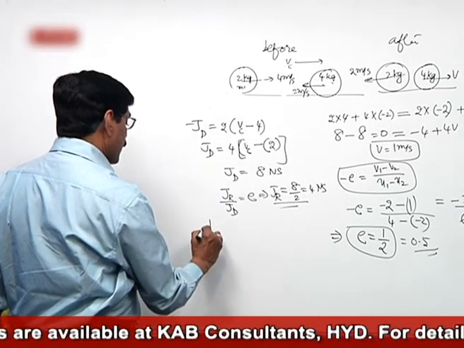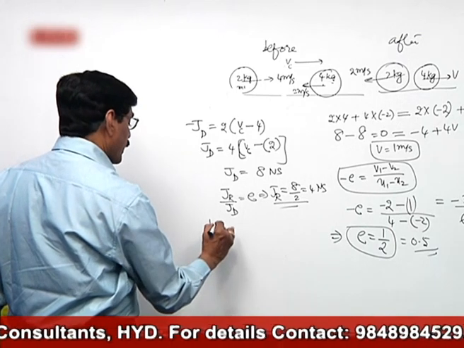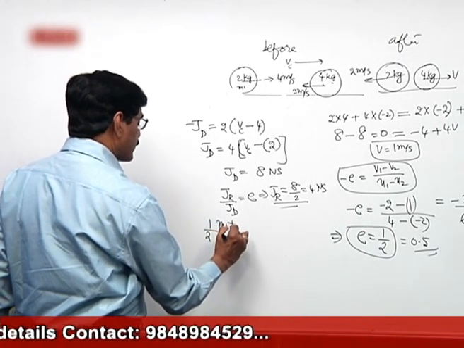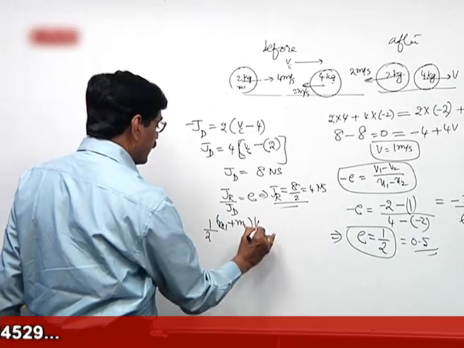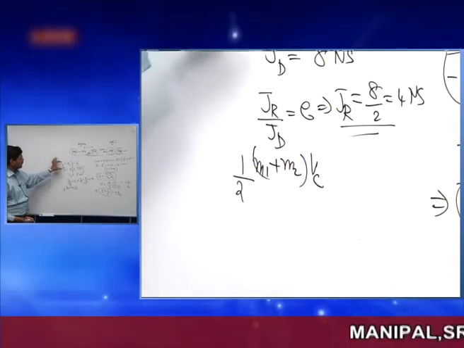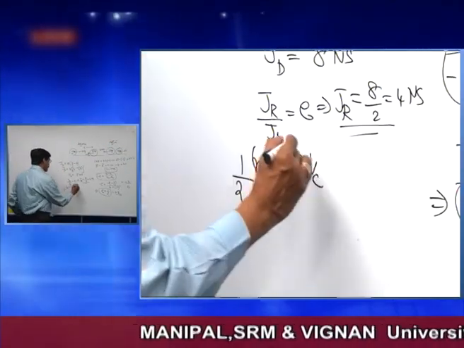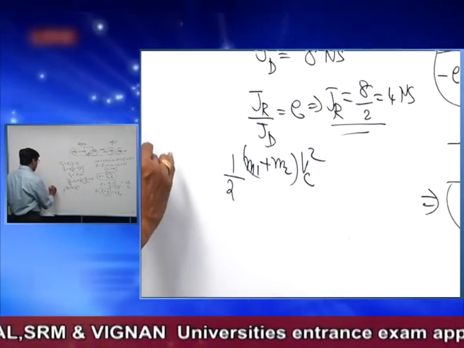In that case, half (m1 plus m2) into Vc squared, where Vc is the common velocity we calculate by solving these two, is the final kinetic energy.